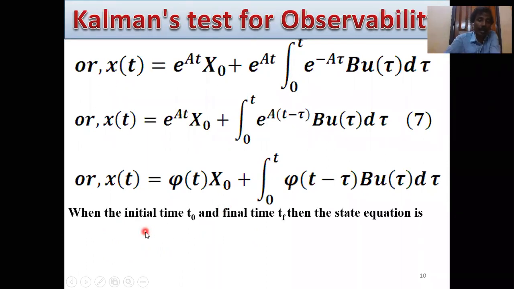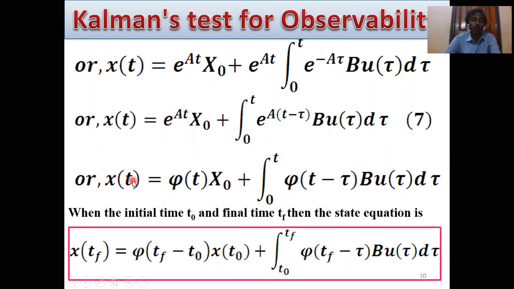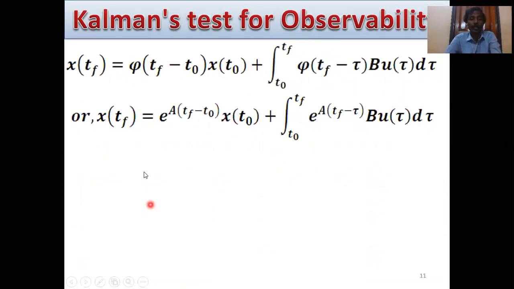Then when the initial time is t0 and the final time is tf, the state equation is the same: just put t equals tf, final time, and t equals t0, initial time. Then x(tf) equals phi(tf minus t0) x(t0) plus integral t0 to tf of phi(tf minus tau) b u(tau) d tau, and again put phi(tf minus tau) equals e to the power a(tf minus tau).